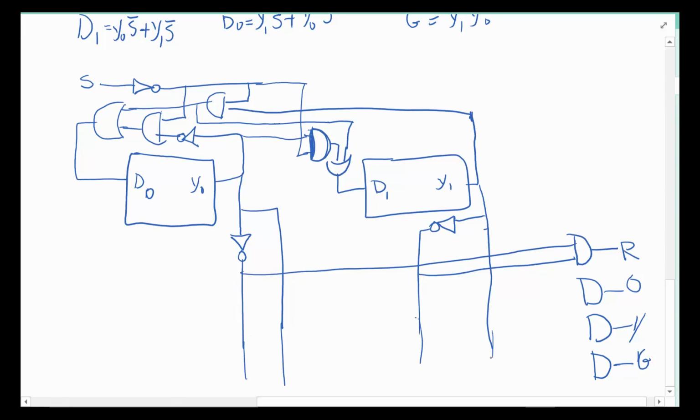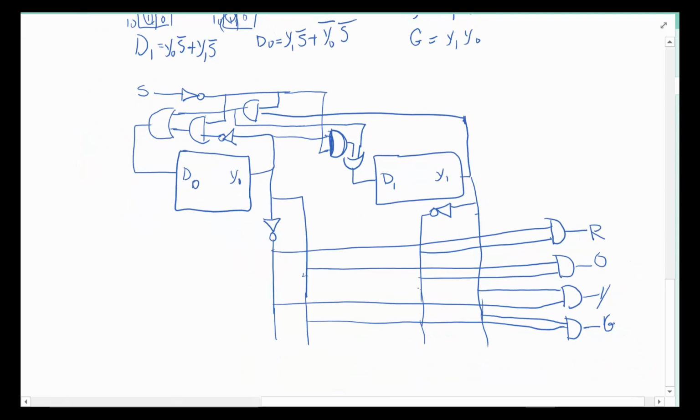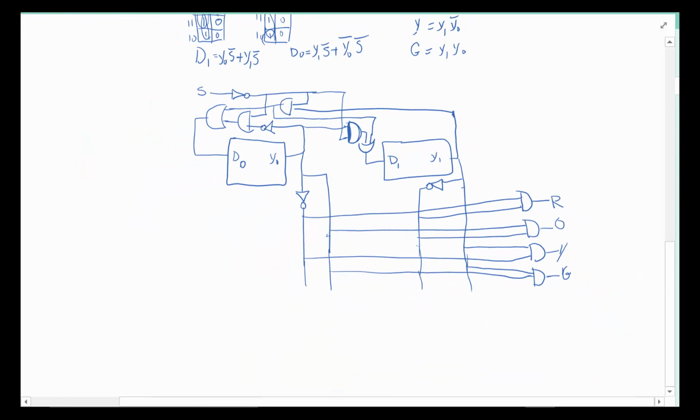All right. So Y1, Y0 uninverted, and then Y1 inverted gives me the orange, and then the opposite, Y1 and then Y0 inverted gives me yellow, and both of them 1 gives me the green. And there we have it. This is the circuit that would do that startup for us.